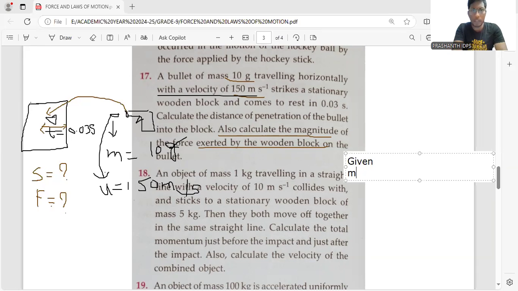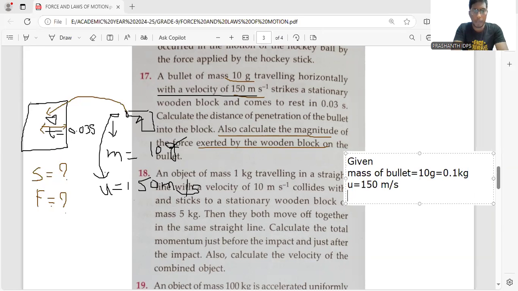Note down the given values. Mass of the bullet is 10 grams, which is equal to 0.01 kilogram. Initial velocity u is equal to 150 meter per second.